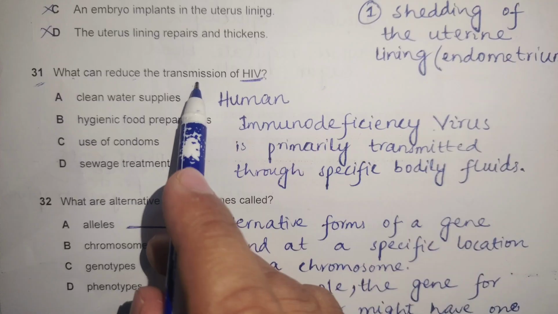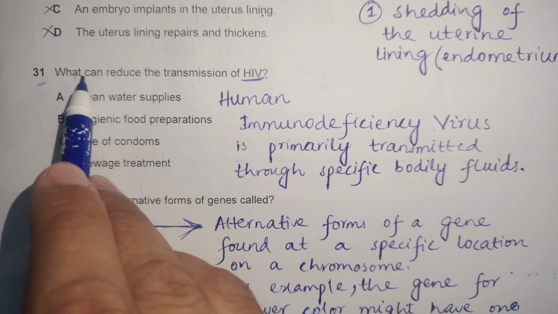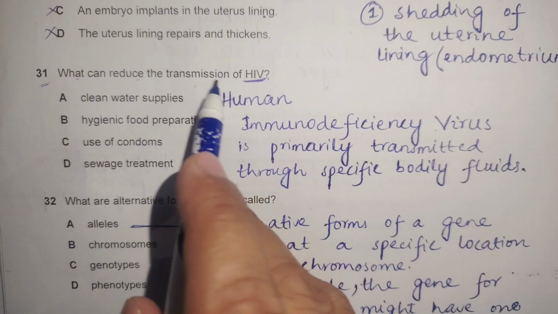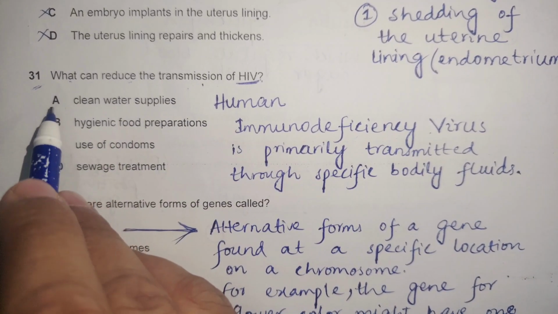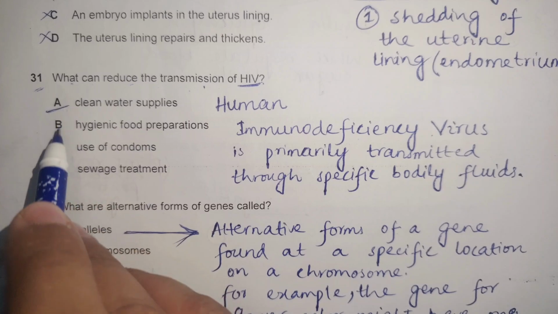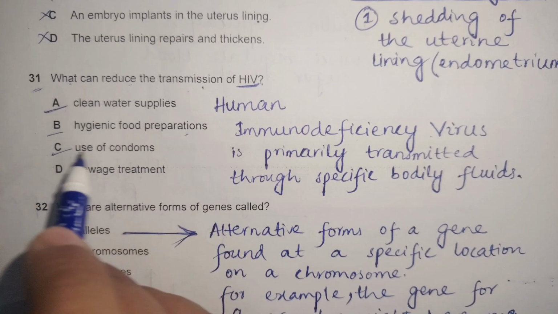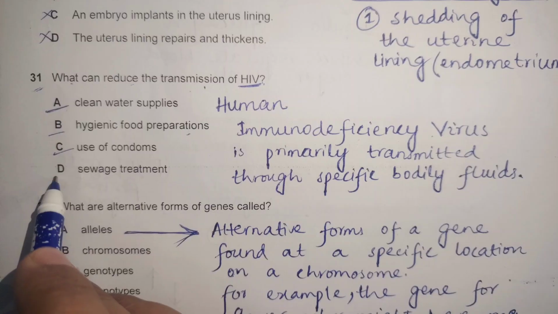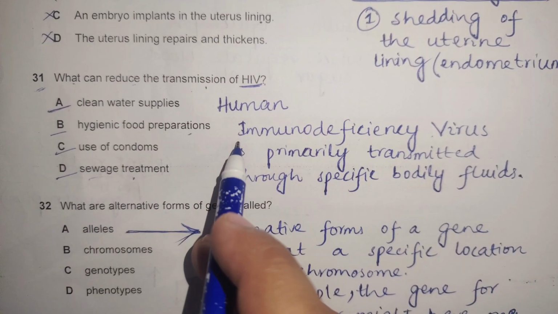Transmission means how it is transmitted or transferred, and what can reduce its transmission. We have 4 options: clean water supplies, hygienic food preparations, use of condoms, and the D option is sewage treatment.